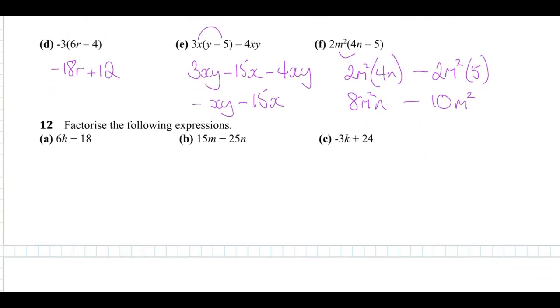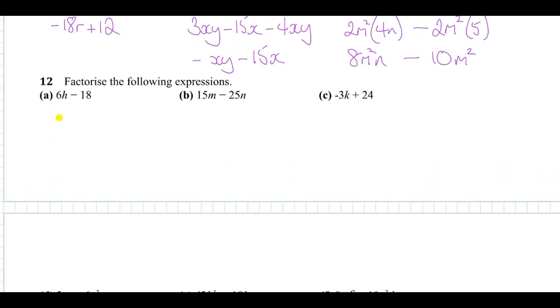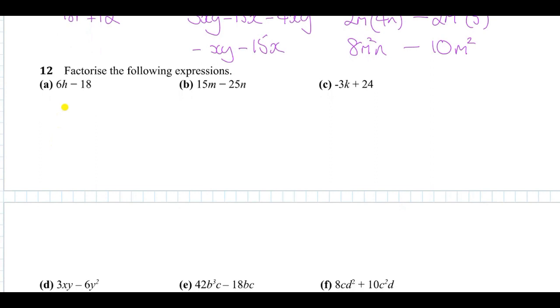For question 12, factorizing requires the highest common factor. 6 goes into 18 3 times. So I'm going to take the 6 out of there. H is only present in one of the terms, so I need the h, subtract 3. 6h, take 18, and I multiply that out.